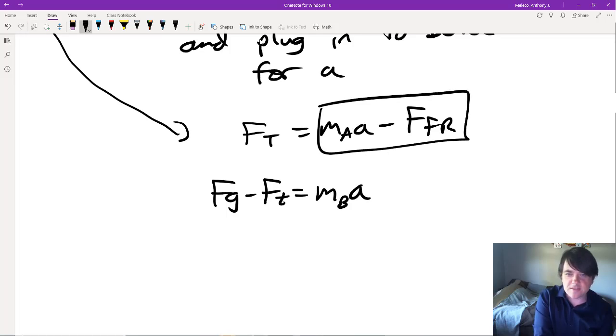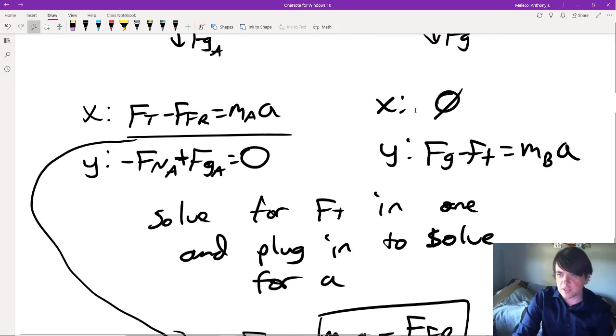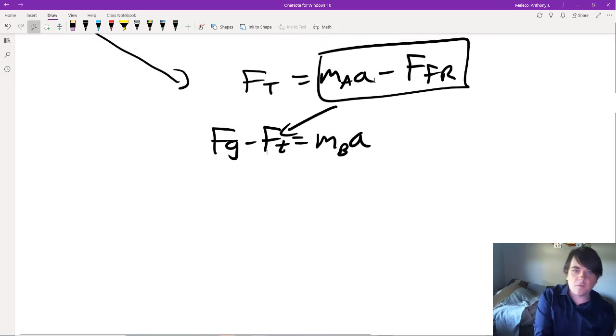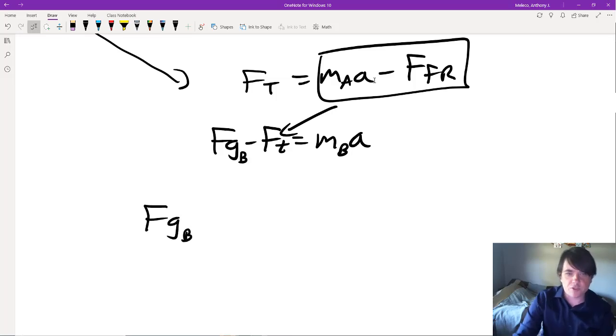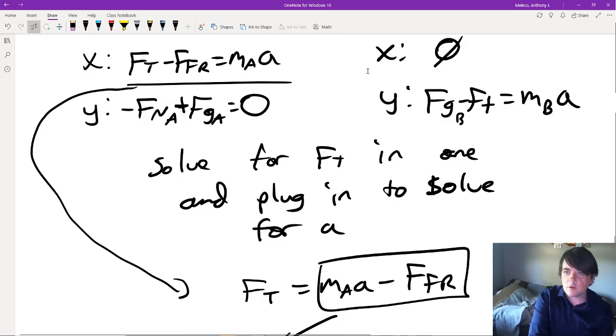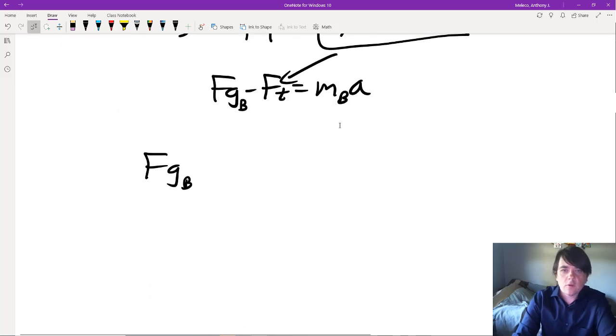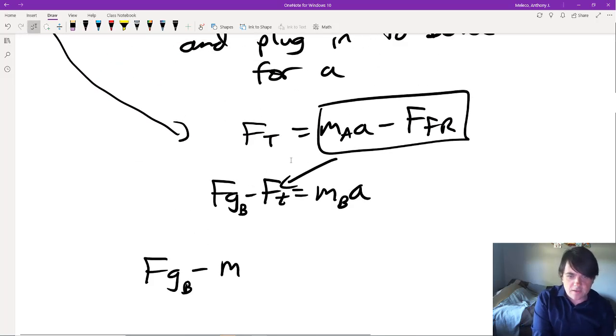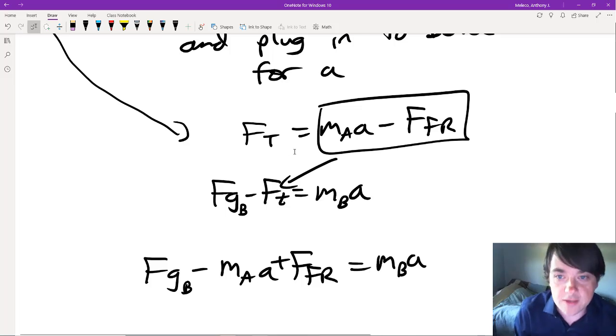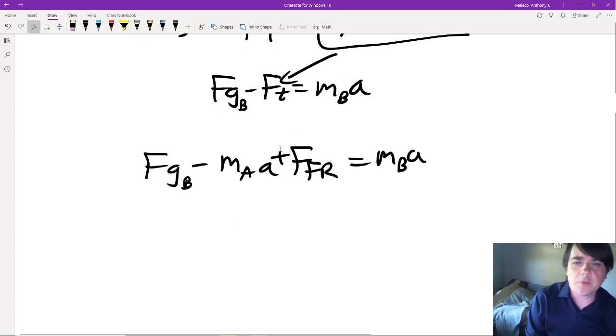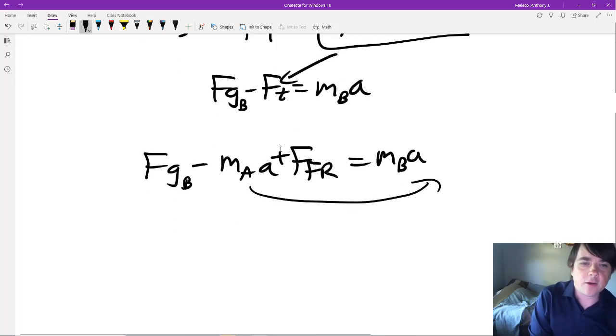Now we can just take this and plop it in. Let me just make sure. Yeah, I got that right. So, force of gravity, oh, this was for B. Always subscript, just in case. So this is Fg B minus MA a, and then minus, so this will be a plus the force of friction equals MB a. Great, so now we need to solve for a, so I'm going to add that over.